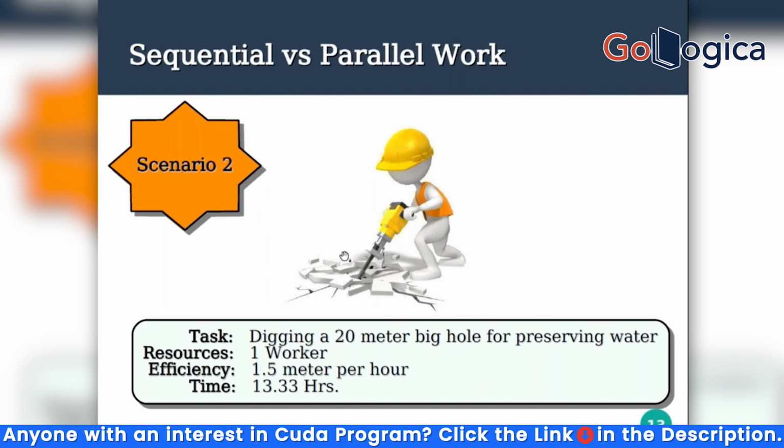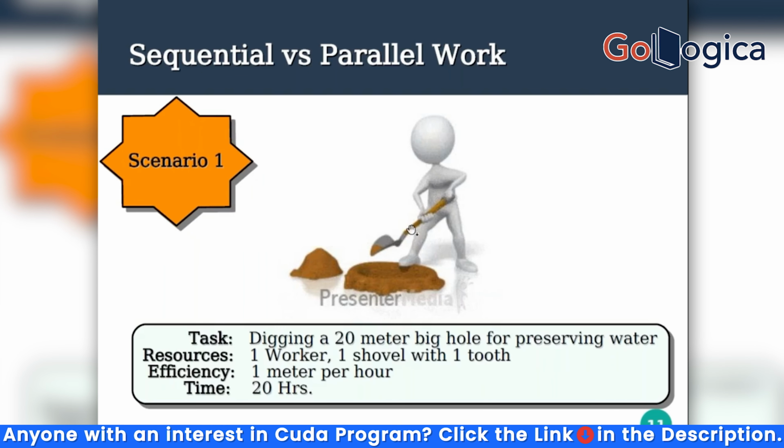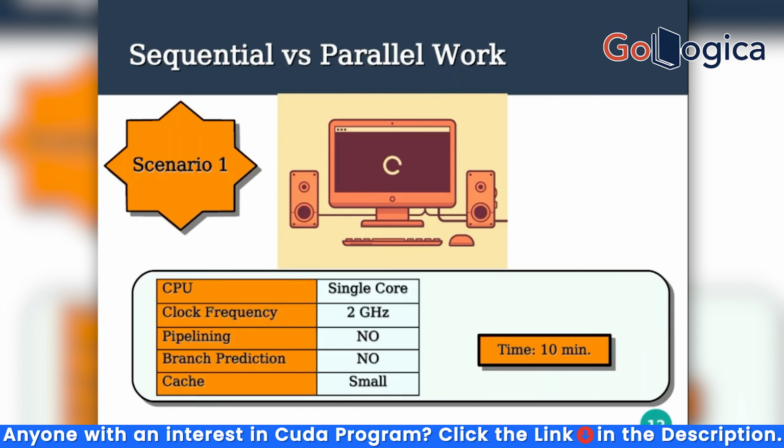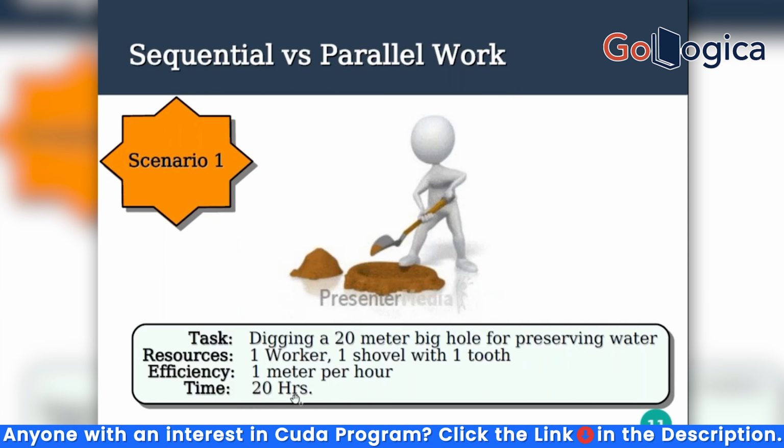Because we shifted from the shovel to this mechanical device, the efficiency improved from 1 meter per hour to 1.5 meters per hour. Based on this, the total time required is 13.53 hours. Previously it took 20 hours, right?